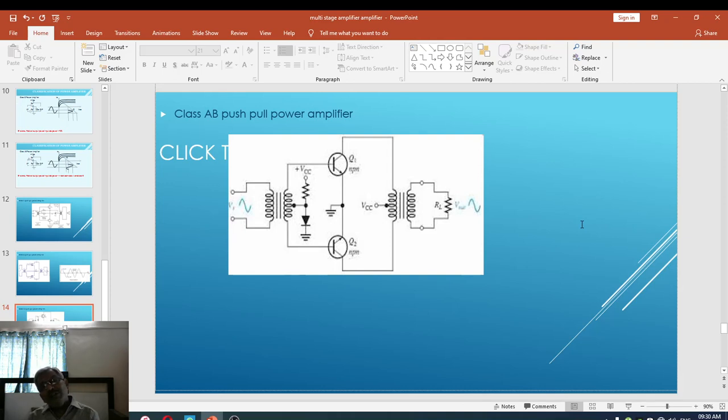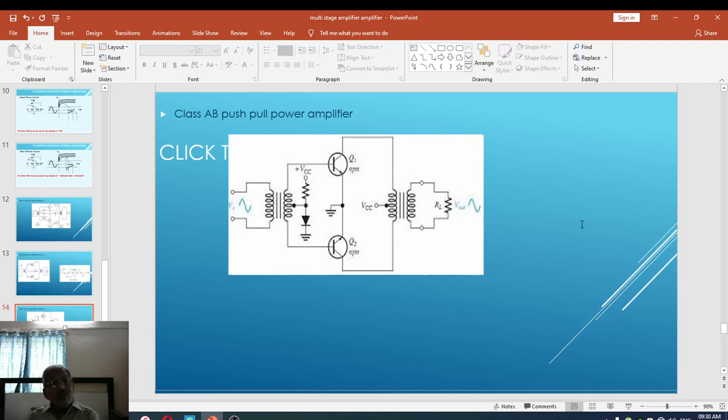How is it possible? In class A power amplifier, the resistor divider biasing method is used. But in case of class B power amplifier, R1 and R2 are removed. If you remove R1 and R2, the operating point will be at cutoff. If you add R1 and R2 to form the resistor divider biasing network, its operating point is exactly at the center of the load line.